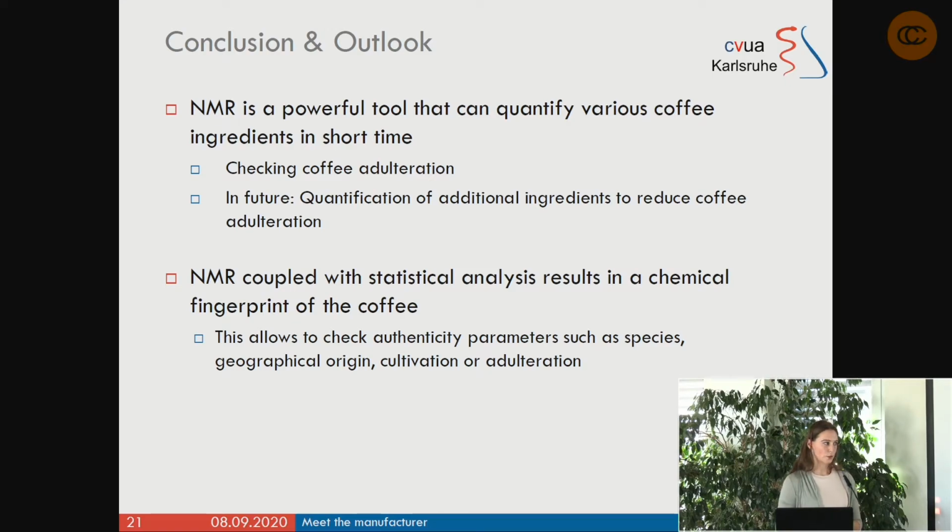NMR coupled with statistical analysis results in a chemical fingerprint which is specific to each coffee. This allows to check authenticity parameters such as the species, the geographical origin, the way of cultivation, or the adulteration such as blending with non-coffee products.